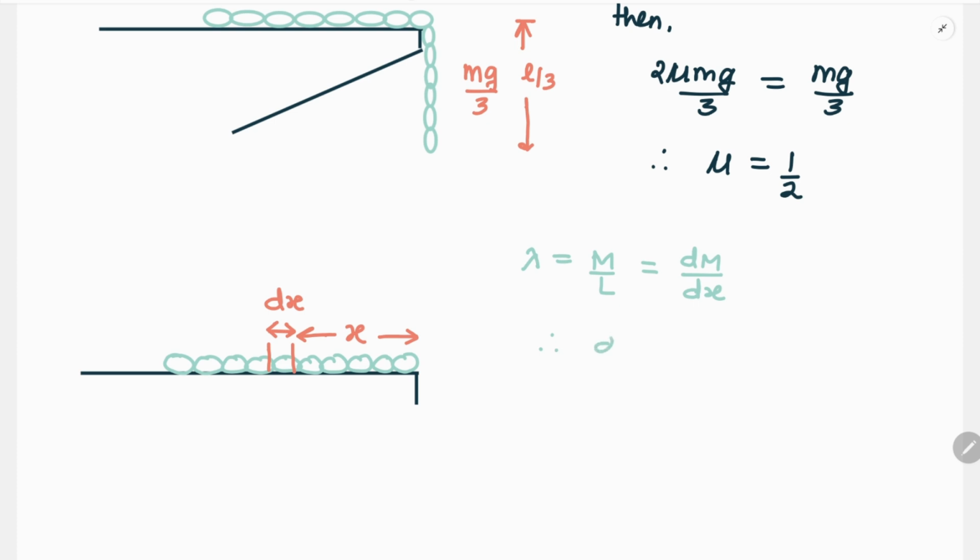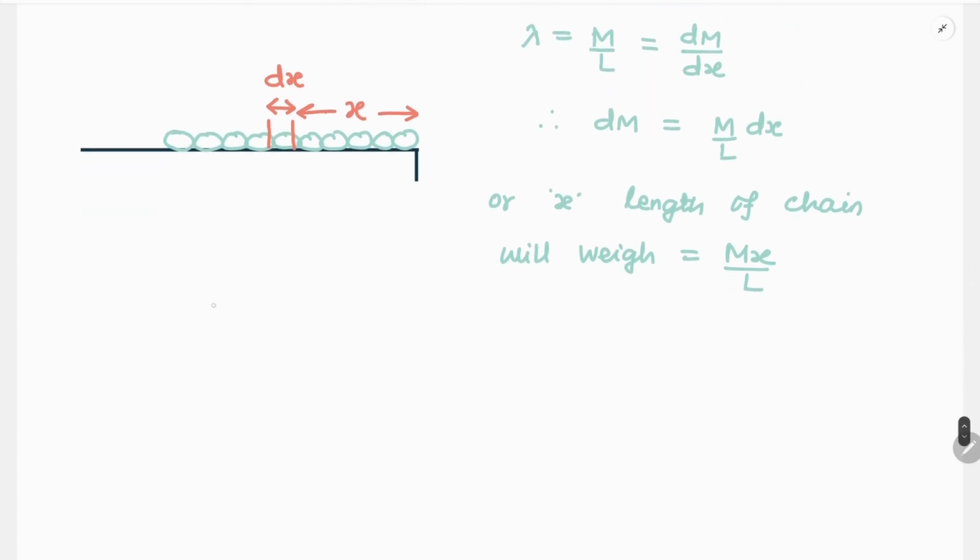Therefore dm, or the small portion of the mass, can be written as m/l dx, and x length of the chain will weigh mx/l, and using this weight we can calculate the value of frictional force.